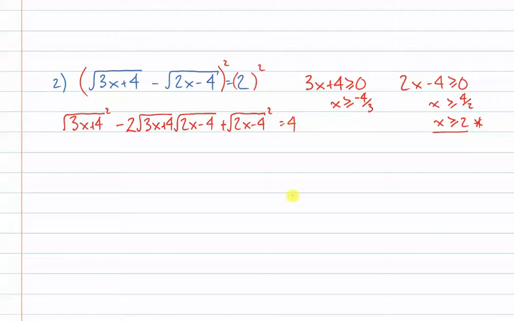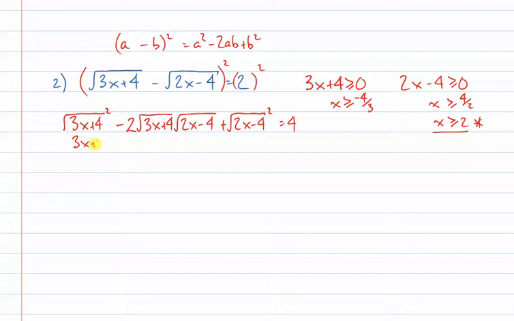Now, if that confused you, remember that what I'm doing is this. I have a minus b all squared, which we know is a squared minus 2ab plus b squared. I'm using that expansion pattern that we keep seeing.